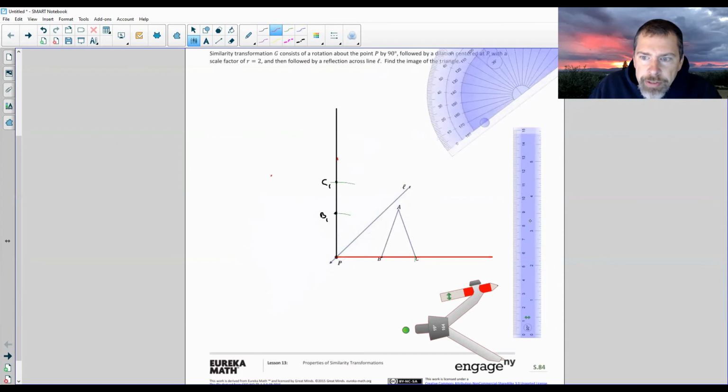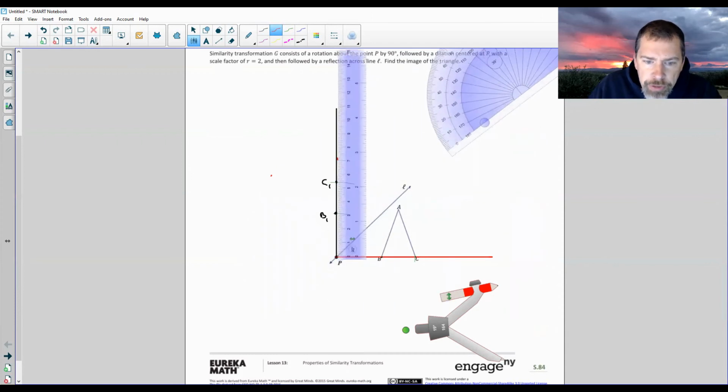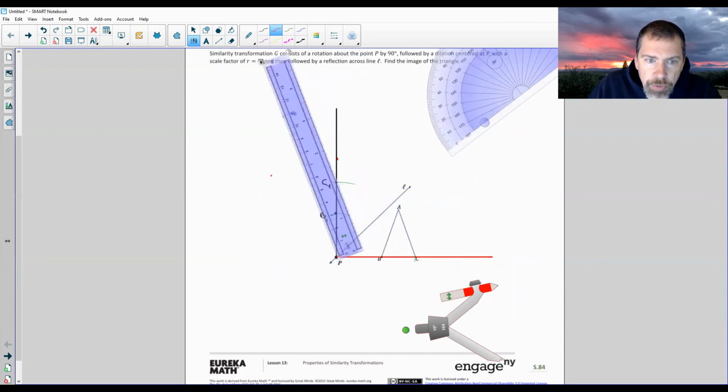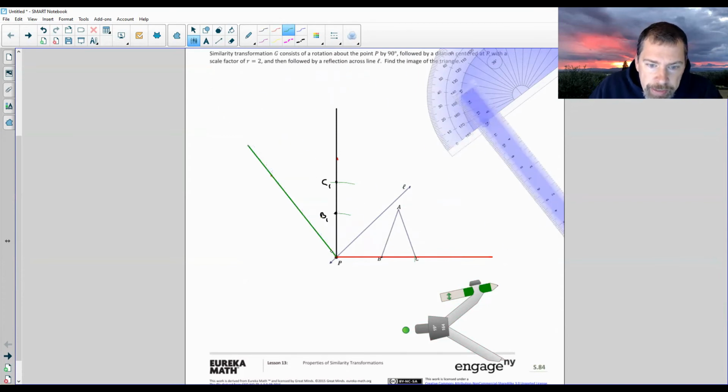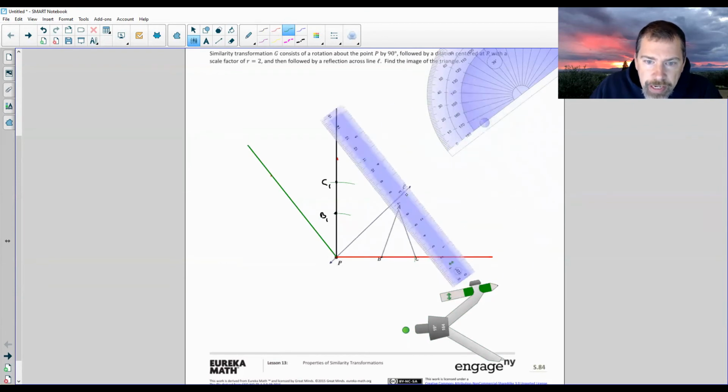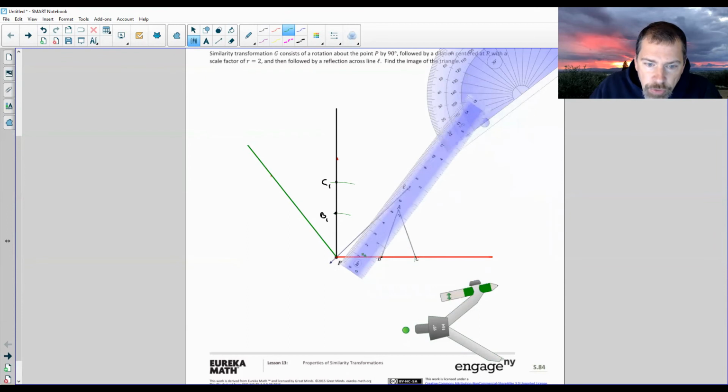Move my protractor, bring my ruler over. Rotate it so it's going through that. So I draw a line, I'll use green this time. I'll draw a line or ray from P through that. So that is a 90-degree angle. I didn't draw the other one though, I should have. Let me show that. So if I drew a line, so you don't confuse our reflection line of our third step with our 90-degree angle.